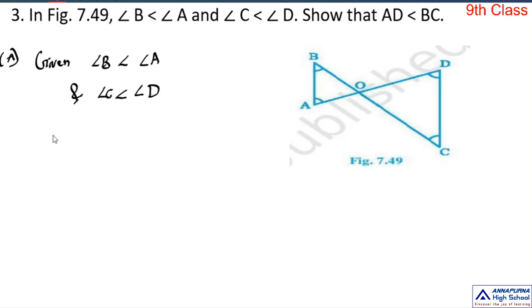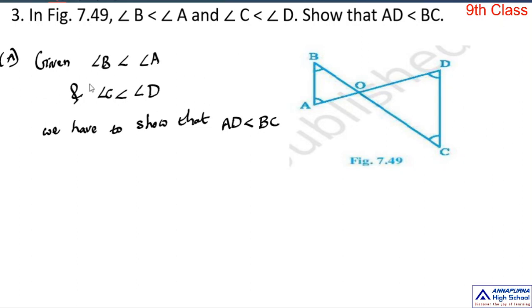We have to show that the line segment AD is less than BC.